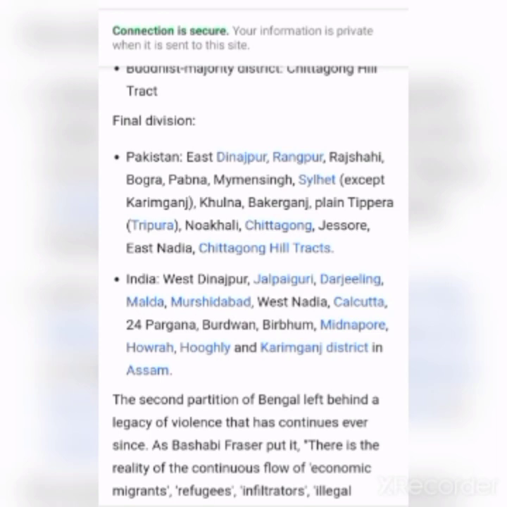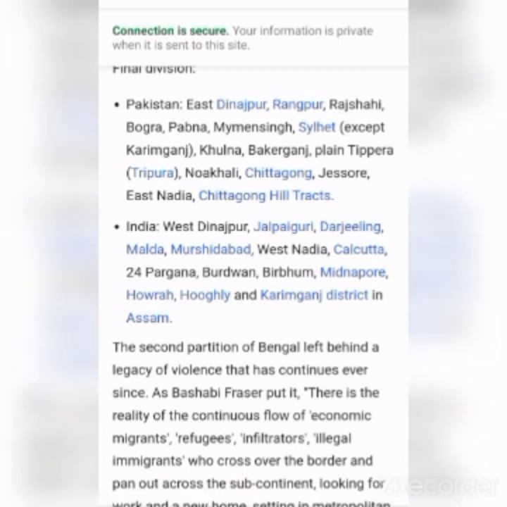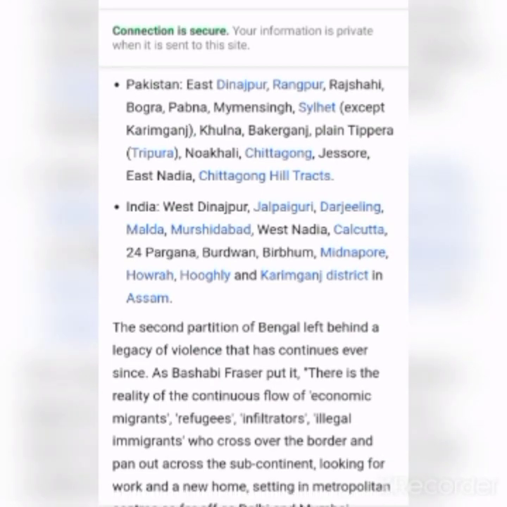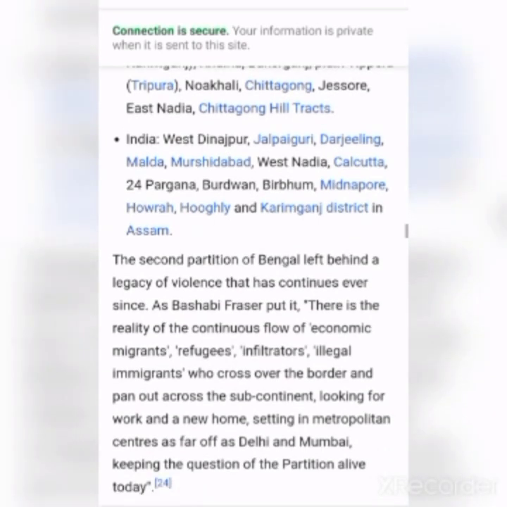India: West Dinajpur, Jalpaiguri, Darjeeling, Malda, Murshidabad, West Bengal, Kolkata, 24 Parganas, Bardhaman, Birbhum, Midnapore, Howrah, Hooghly, and Karimganj district in Assam.